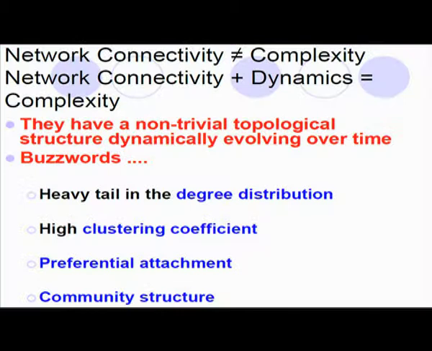Some of the buzzwords that we will come across through the course are heavy tail degree distribution, high clustering coefficient, preferential attachment, and community structure. You will quite often come across these in the rest of this course. As we move along, I will define each of these independently, with appropriate examples wherever necessary.